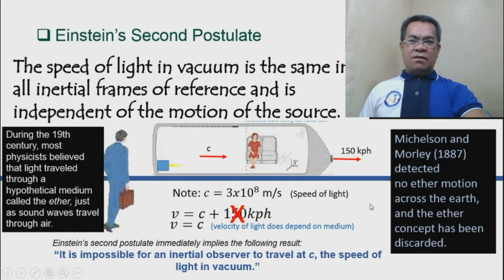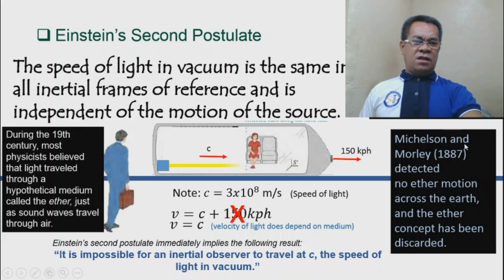But in the Michelson and Morley experiment in 1887, they were trying to detect the motion of light. They wanted to verify the existence of the ether. But they were able to detect no ether motion across the earth, and the ether concept has been discarded.